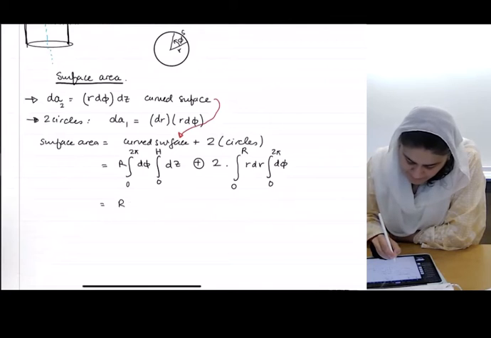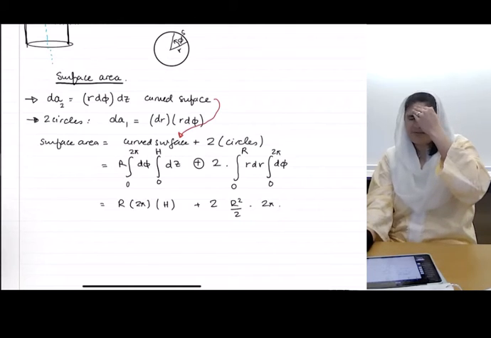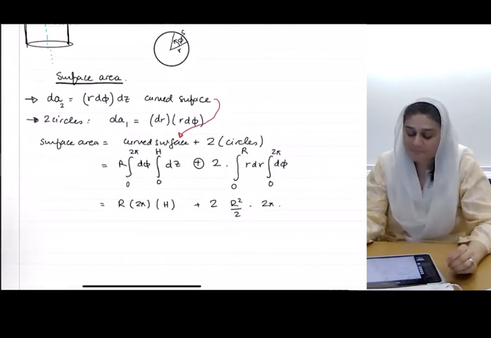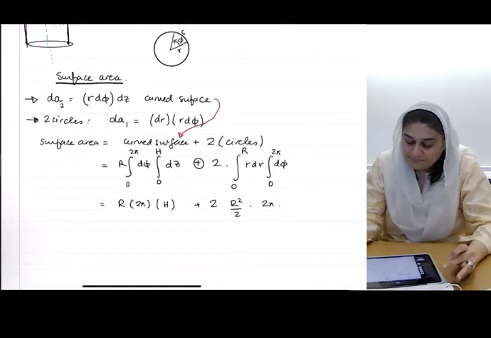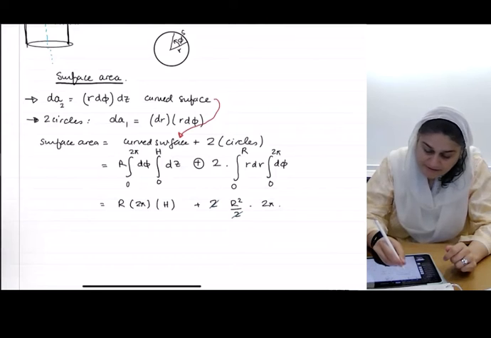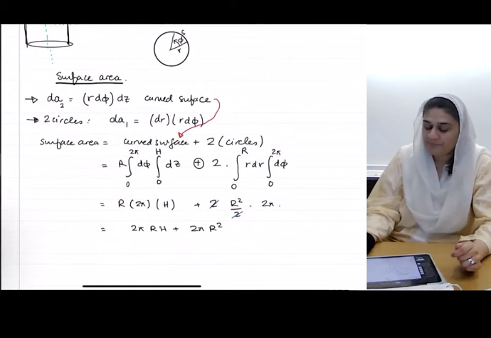This would be r 2 pi h plus 2 r squared over 2 times 2 pi. Does everybody get where I messed up? I put it in the wrong places. And that means these will get canceled, and I will get 2 pi r h plus 2 pi r squared.